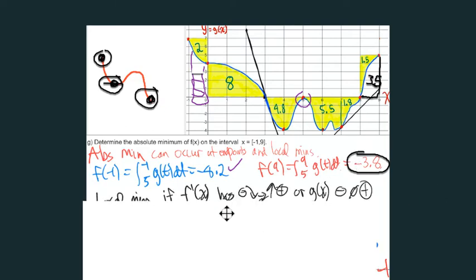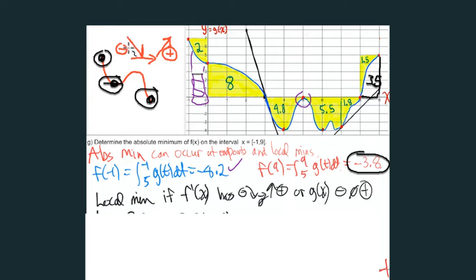So what we're left with is, is there any local minimum? And when do you get a local minimum, right? Now, this is kind of hard to see here, so I'll just do this over here. There's a local minimum if the derivative function decreases, then it goes horizontal for an instant, then it is positive, right? We get a local minimum, or we call that a relative minimum.